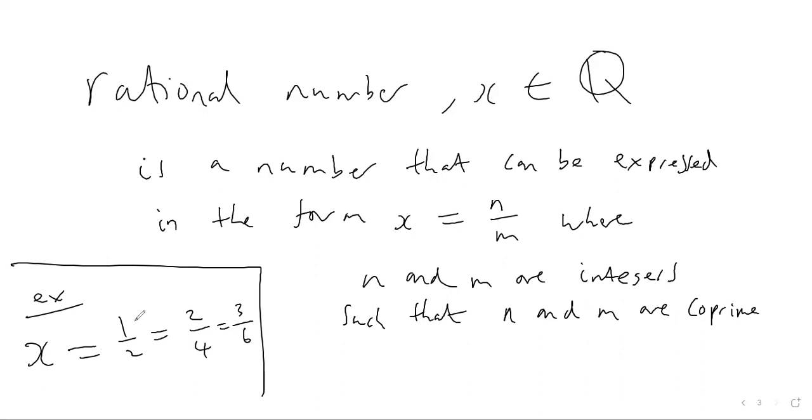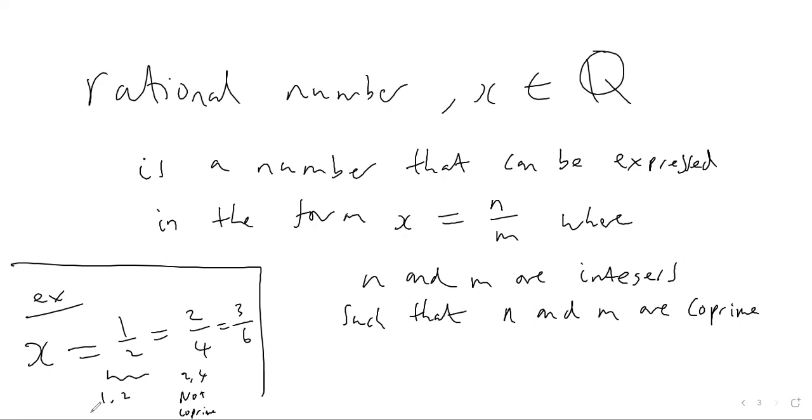So I'm just saying that a rational number is a number that you can write as a fraction in its simplest form with an integer on the top and an integer on the bottom. So 1 and 2 are both co-prime. 2 and 4, these are not co-prime. But 1 and 2 are co-prime.